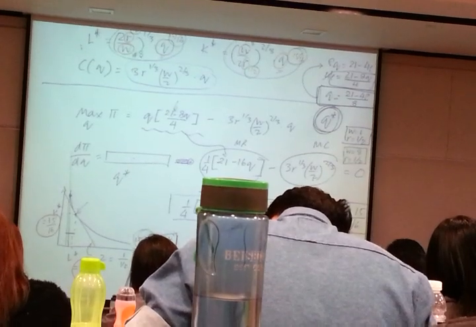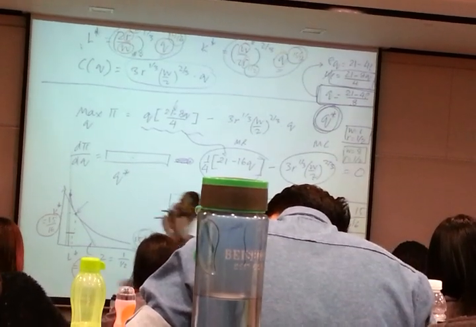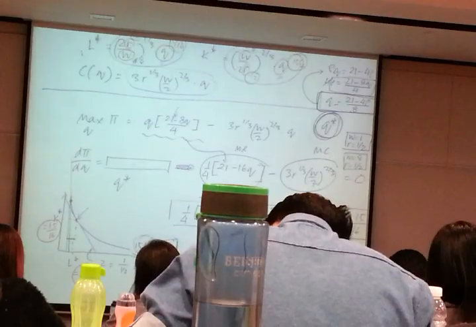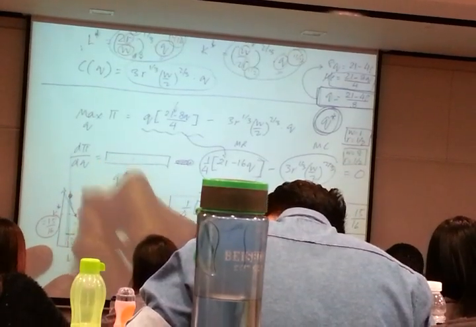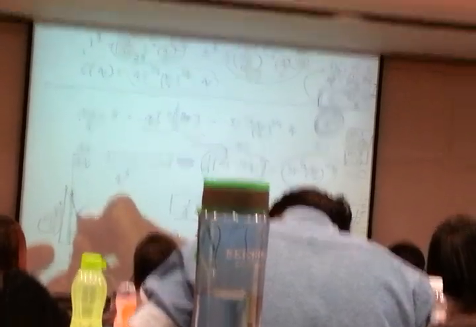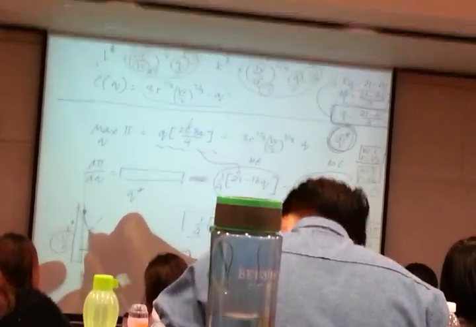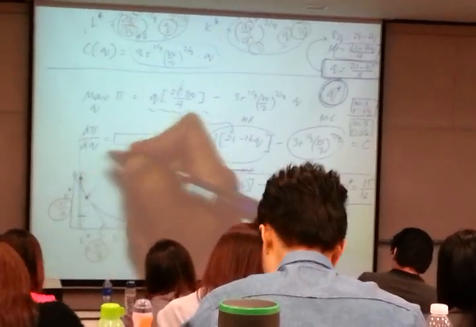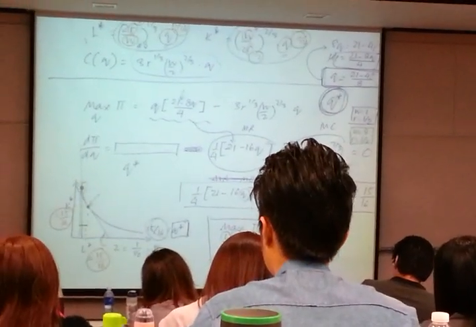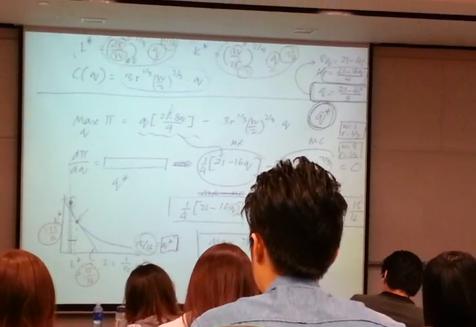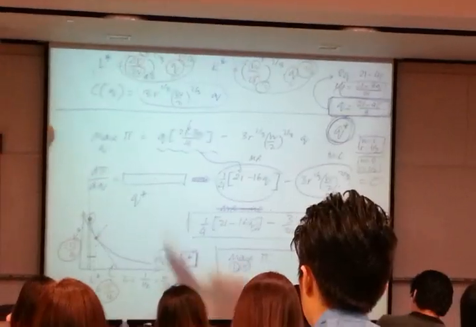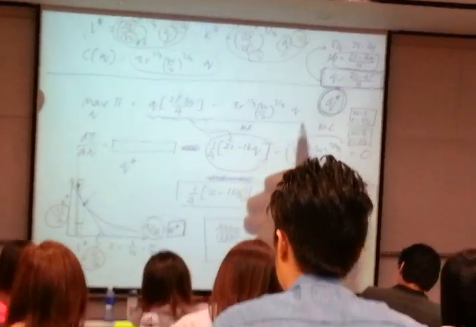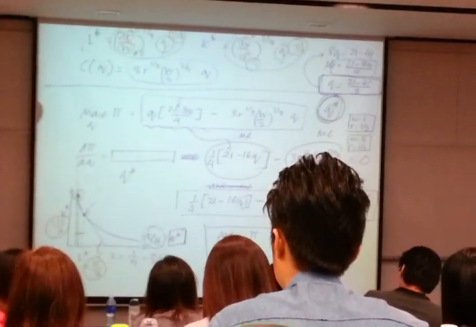Now, question again. This conditional demand for labor and capital, I told you that this conditional demand is also the unconditional demand. Okay. Is this also the unconditional demand? Why not? Because now, you see, this is the profit function that I maximized to get 15 over 16.